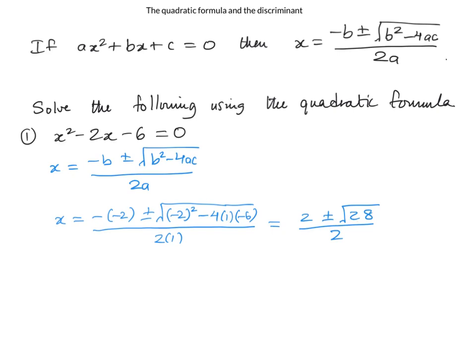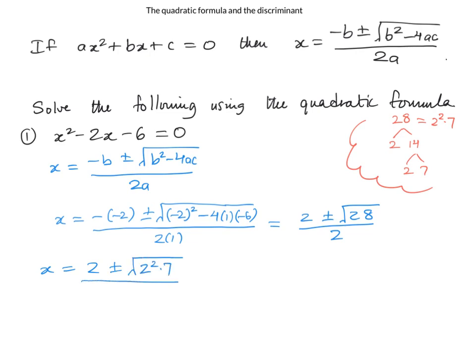So again, I'm going to do a little thought bubble here to remind you about the simplifying of radicals. So I'm going to take the 28 and I'm going to factor it. 28 is 2 times 14. 14 is 2 times 7. And so 28 is really 2 squared times 7. And so what I have here is x equals 2 plus or minus the square root of 2 squared times 7 all over 2.